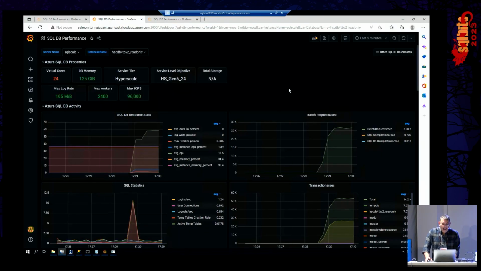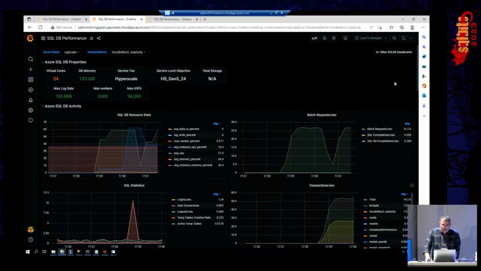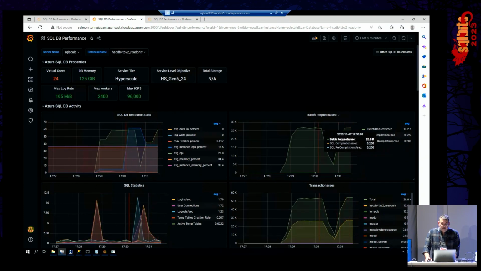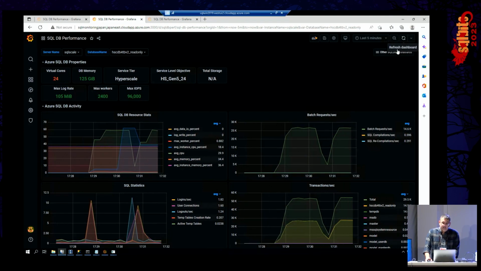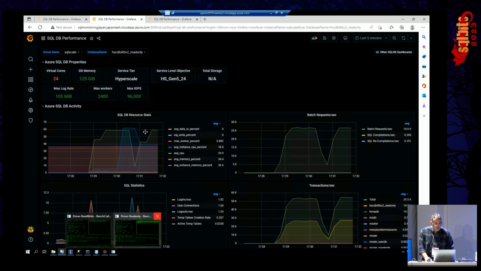Right? So we'll go back now that the workload has stabilized, and we'll see that the introduction of the read-write workload has done nothing to the read workload. Read workload is still maintaining what it was before the introduction of read-write. So scalability is maintained, though you have read-write workload introduced. This is still 26.7 thousand batch requests per second.